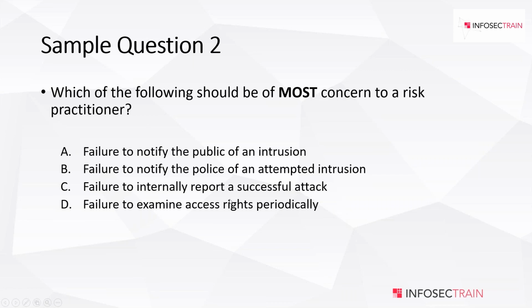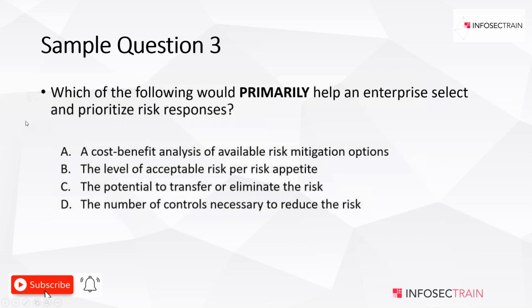So failure to internally report a successful attack would be the answer to this question because of various rules. That is a risk practitioner. I mentioned that once we become certified, we could be called a risk practitioner. So we have to think that something has already happened and we are not able to report it, which means the highest level of risk. Always we have to attack these questions by asking where the risk lies most. That can be one thumb rule. Definitely it is not the 100% holy grail. So such kinds of questions you can expect.